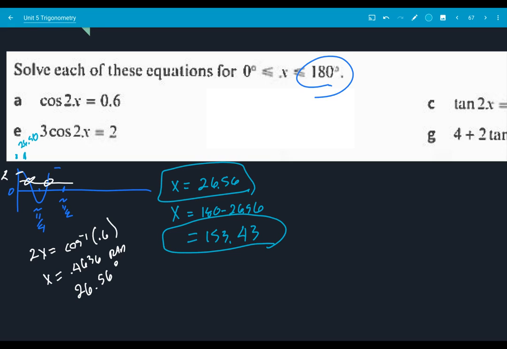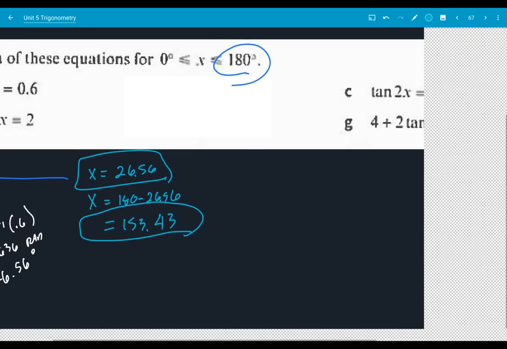So those are our 2 solutions for the first function. And that's how you solve all of these problems. Draw yourself a little sketch, figure out how many solutions you're looking for, and then just calculate.